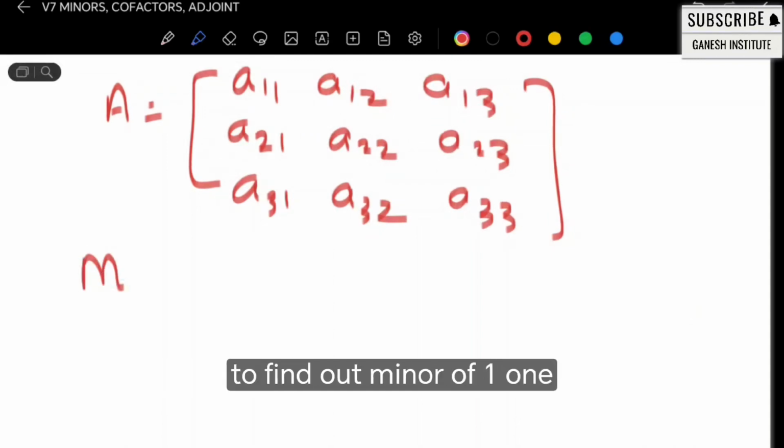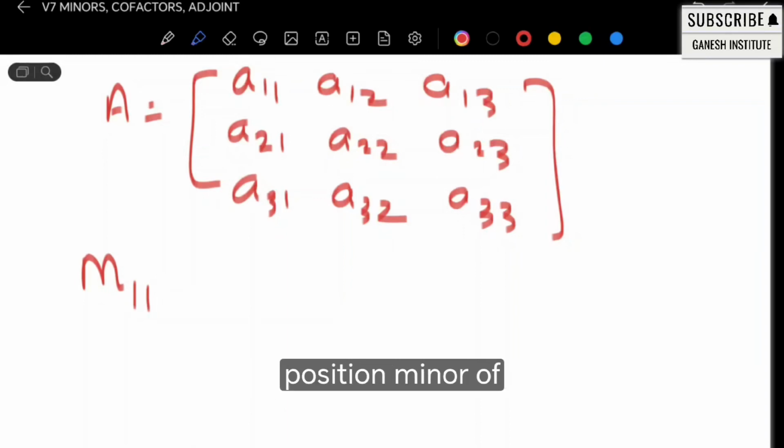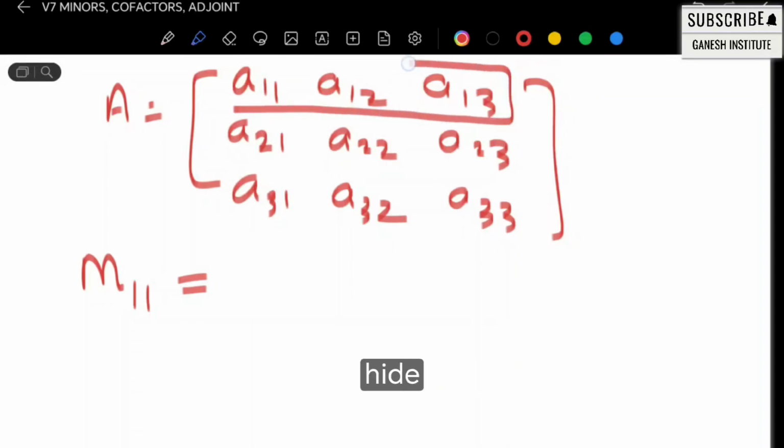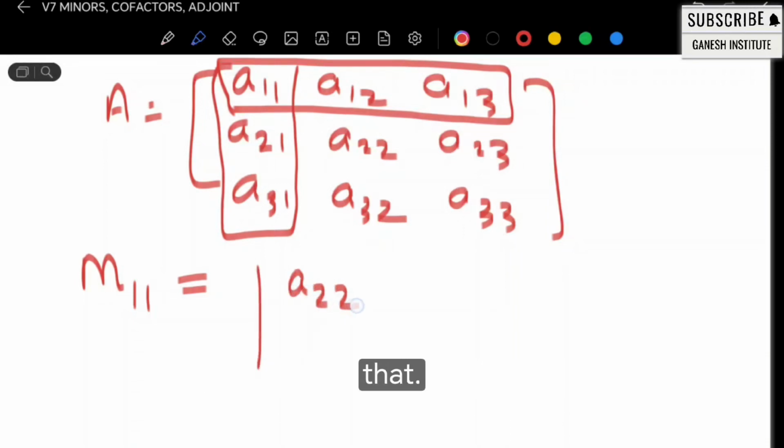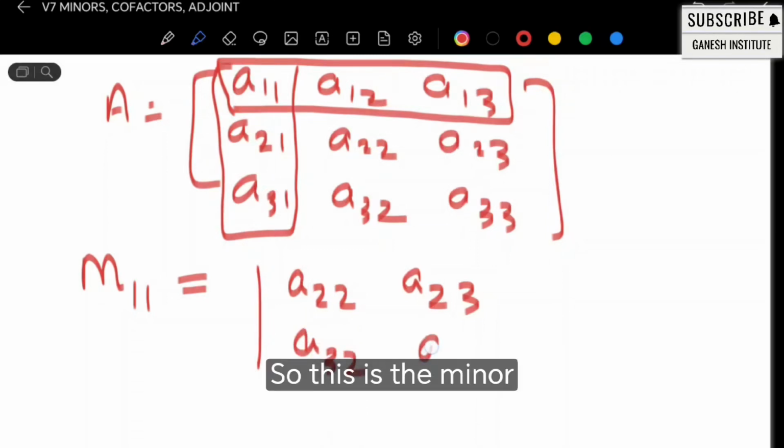If I have to find the minor of A11, then you need to hide the row and column of A11. Whatever is left, just take the determinant of that. So this is the minor of A11.